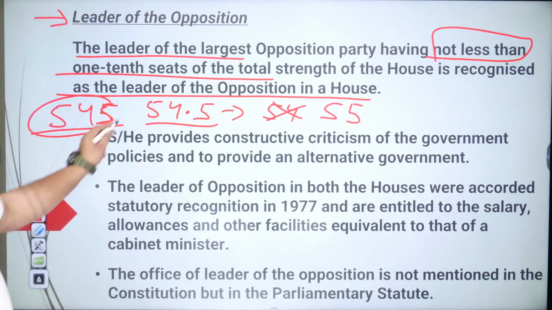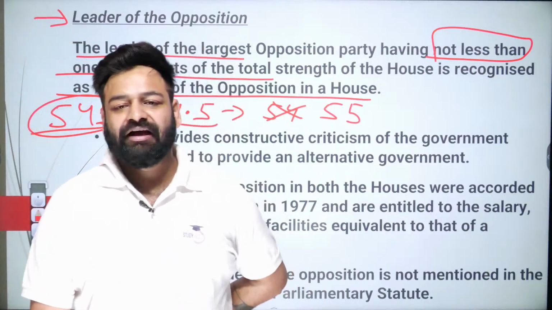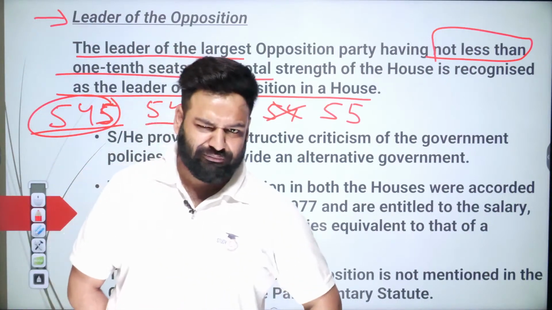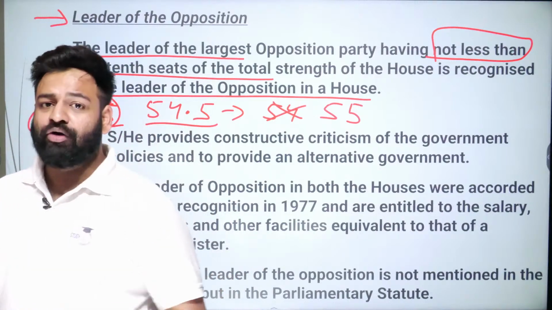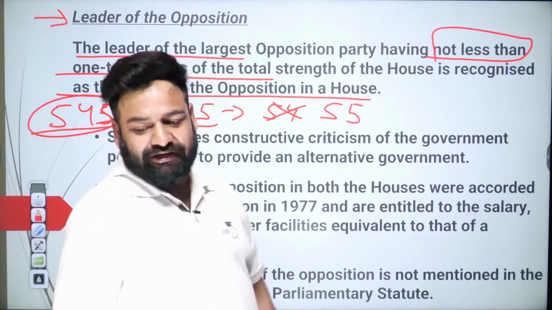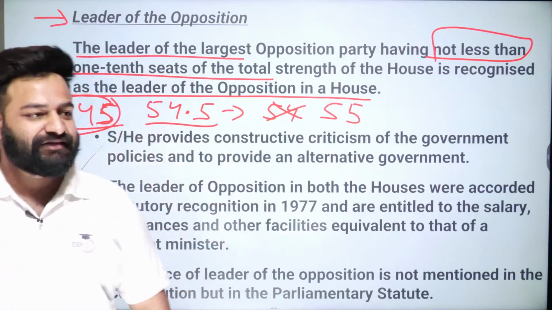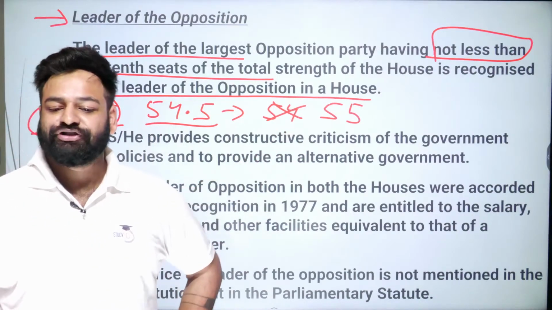Okay, so any particular party which is having at least 1/10 of the seats in the Lok Sabha, its leader could be considered as the leader of the opposition in the house.